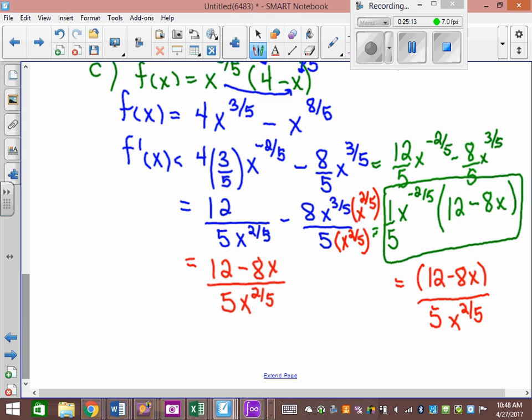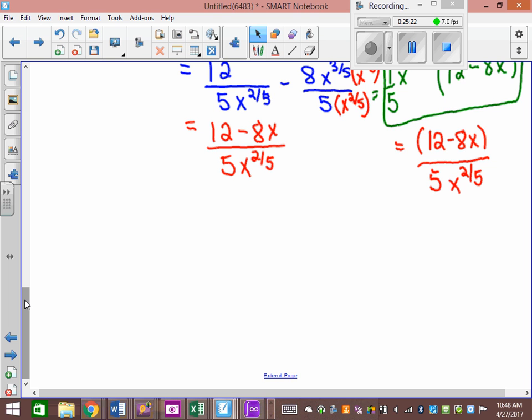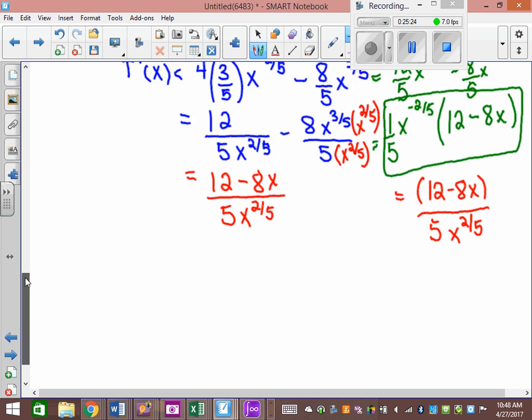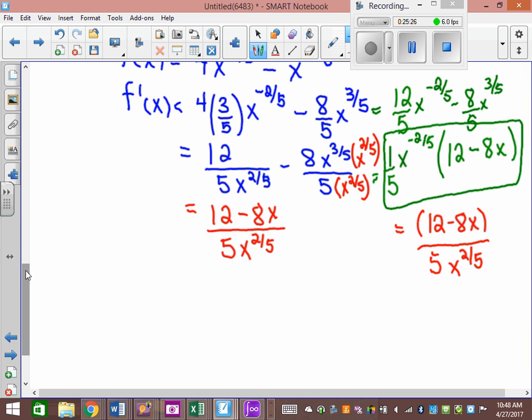Now the numerator and the denominator give you critical numbers. Okay? So I always say to everyone, in the top, you could take a GCF out, right? You could take out a 4, and you'd be left with 3 minus 2x.